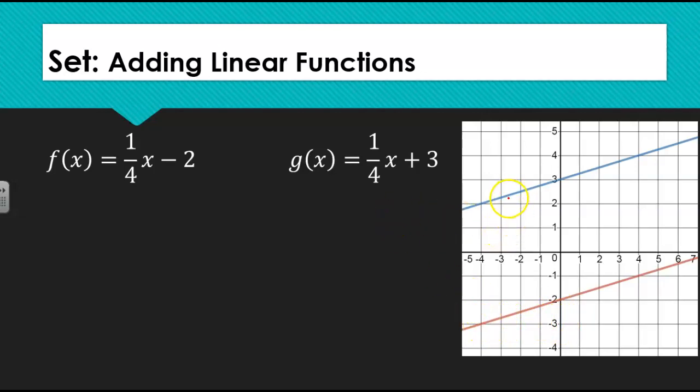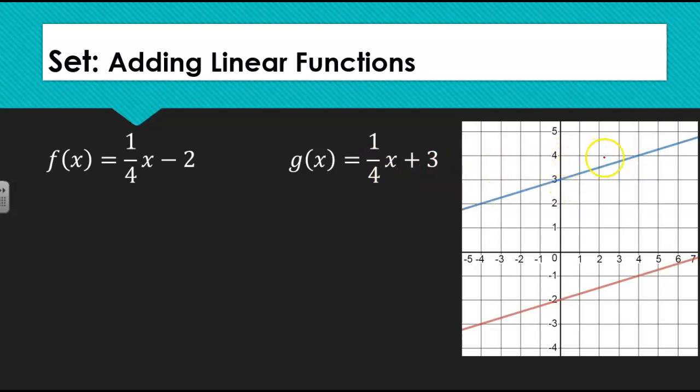The blue line represents g of x. Our y-intercept here is +3. That's where we're starting. Our slope is 1/4. So again, we're rising 1, and we are running in the positive direction 4. Or our y values from this point to this point are changing by 1, and our x values from this point to this point are changing by 4.